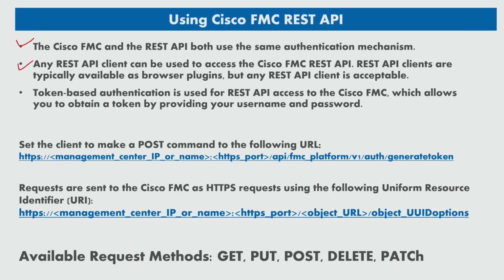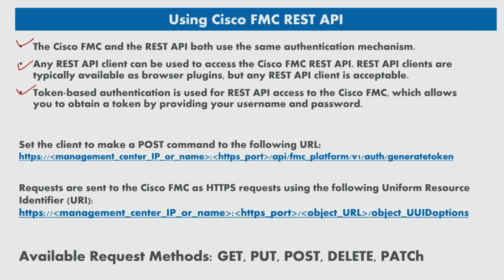Any REST API client can be used to access the Cisco FMC REST API. REST API clients are typically available as browser plugins, but any REST API client is acceptable. If you connect to the REST API for the first time, you may receive an error message stating that the connection is not secure due to an invalid certificate. Here you have to make a browser exception to use the certificate and accept the connection.